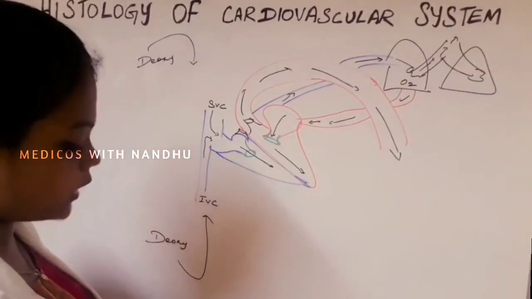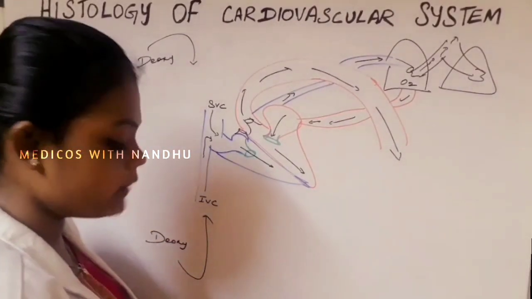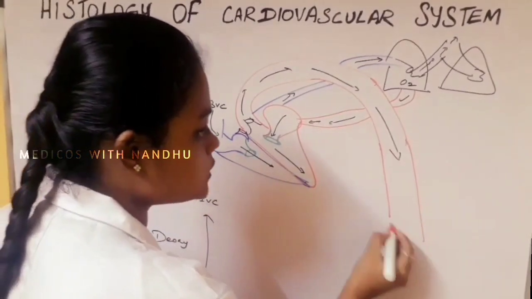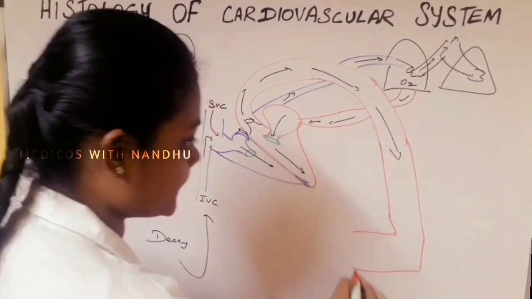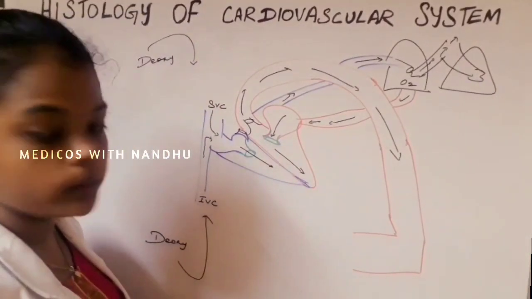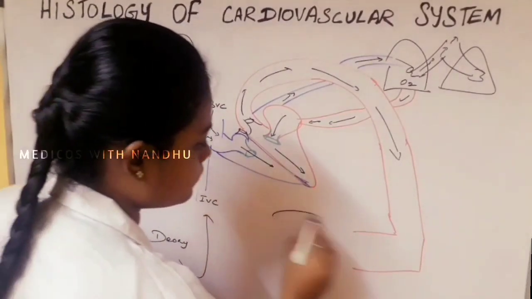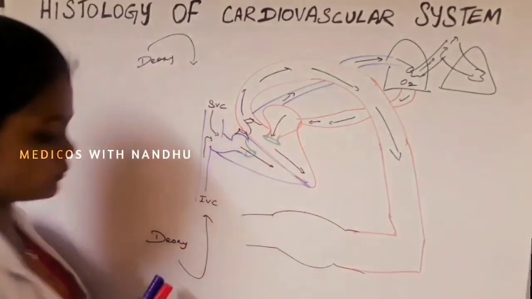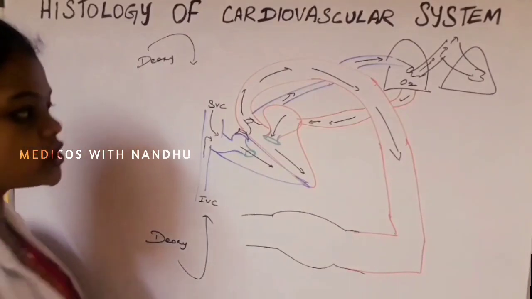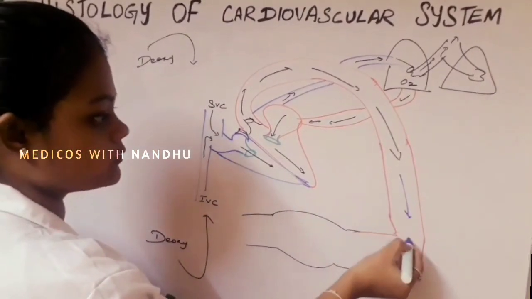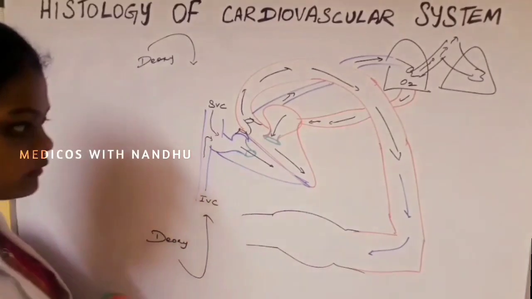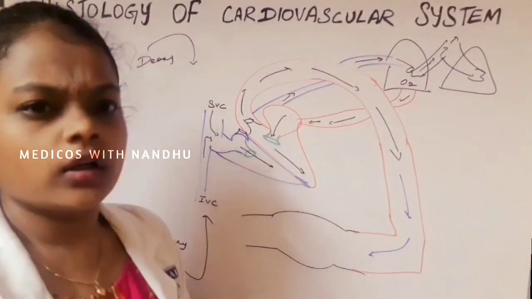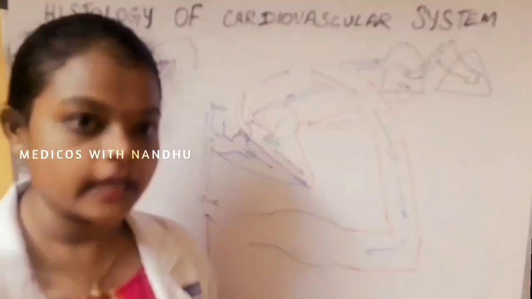After reaching the aorta, what happens? The blood will be distributed to all the tissues and cells. Let's suppose this is a tissue. When the oxygenated blood comes, we know the tissue was working during exercise, and carbon dioxide is taken from the tissue.